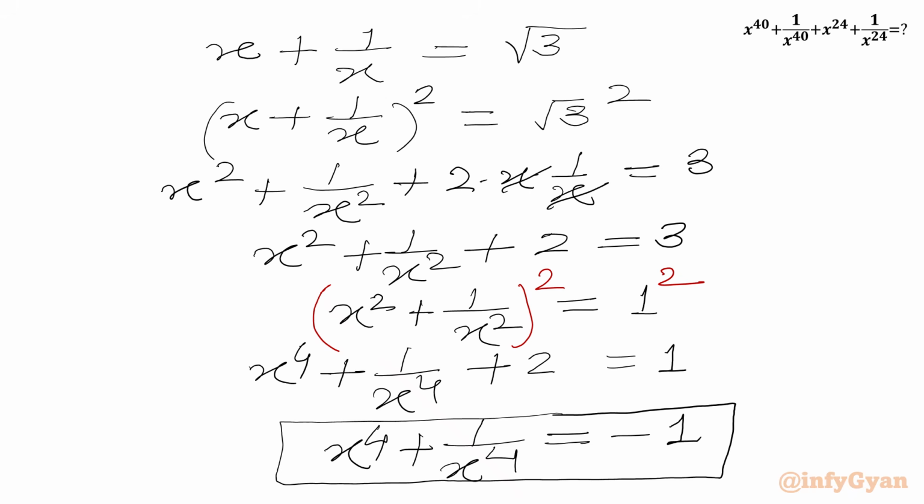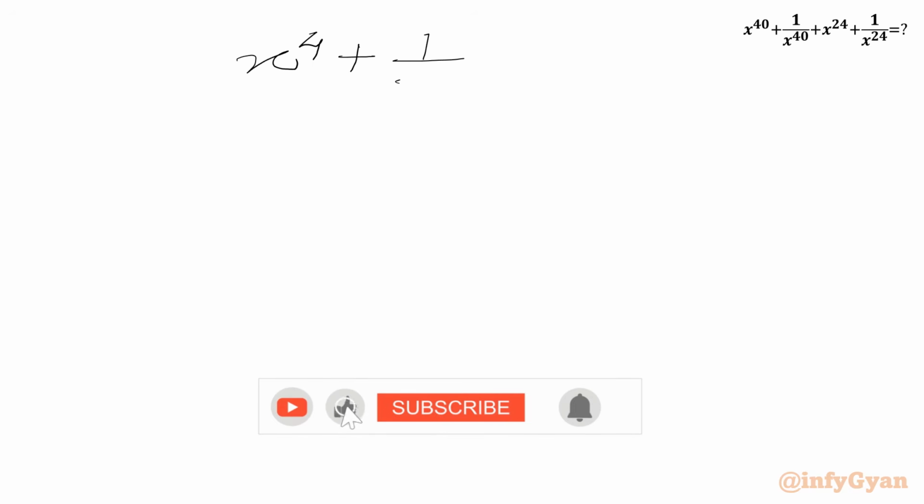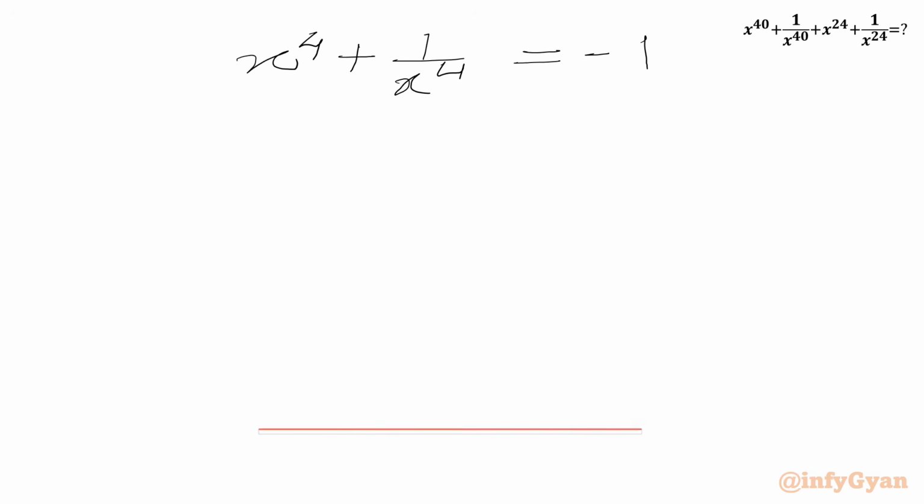Again we will consider squaring both sides to get the value of x power 8 plus 1 over x power 8. So I will write here x power 4 plus 1 over x power 4 equal to minus 1. We'll put power 2 on both sides. We have to use the a plus b whole square formula.